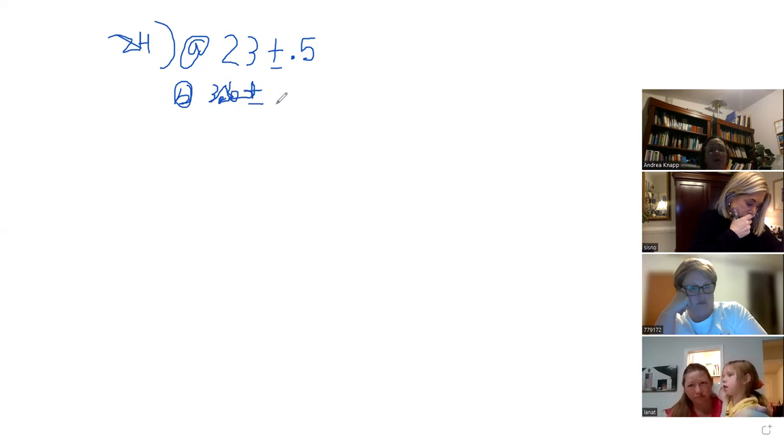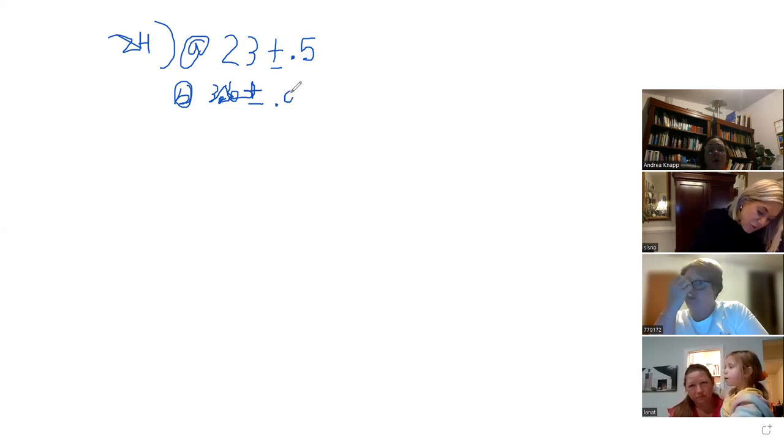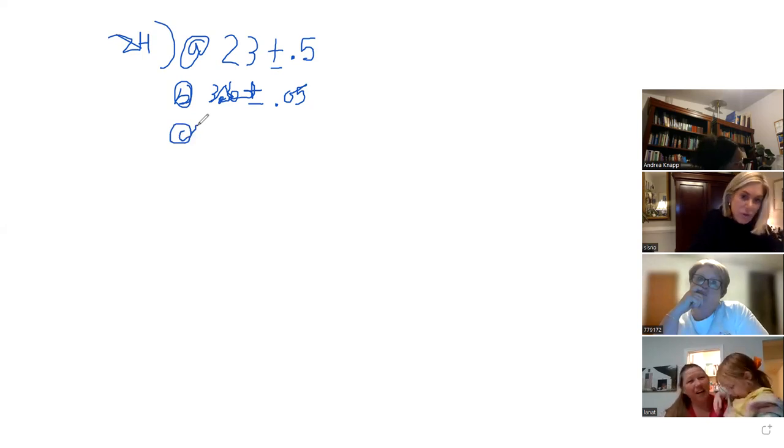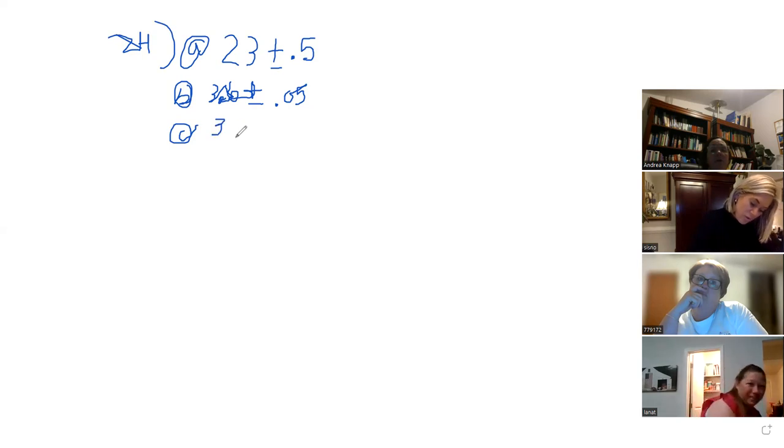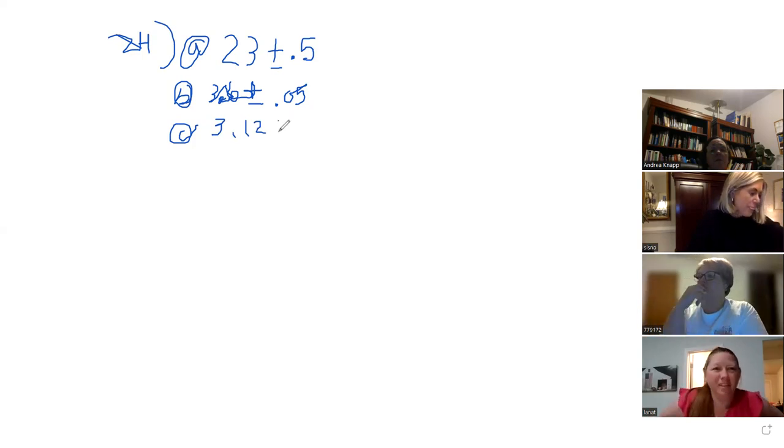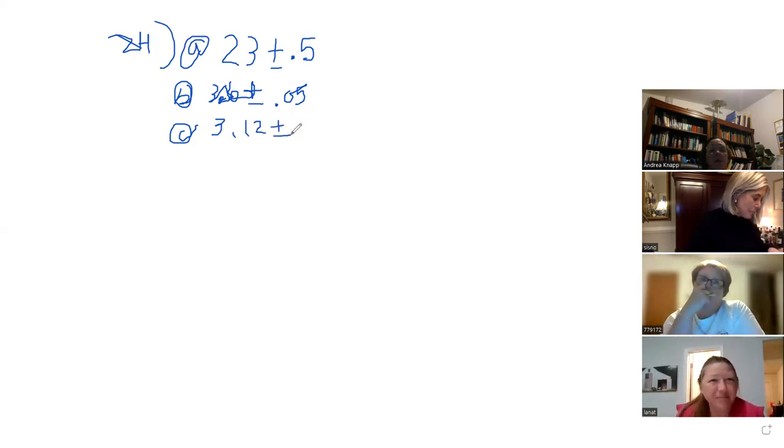So you can do plus or minus 0.05 because 6 is in the tenths place. The 3.65 would be the high end on that. And then part C, we've got 3.12. And we do plus or minus 0.005 on this one because the hundredths place is what our number is at. So you have to go out to the thousandths.